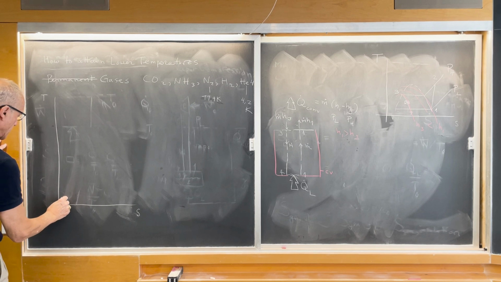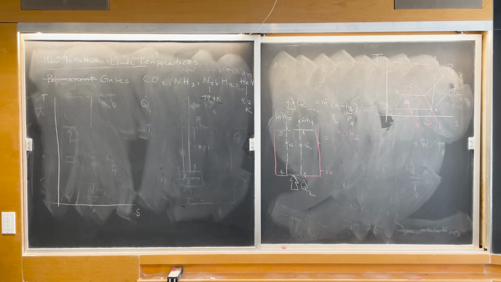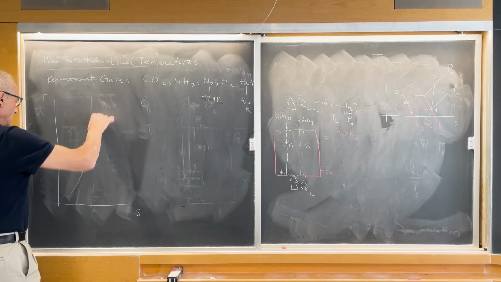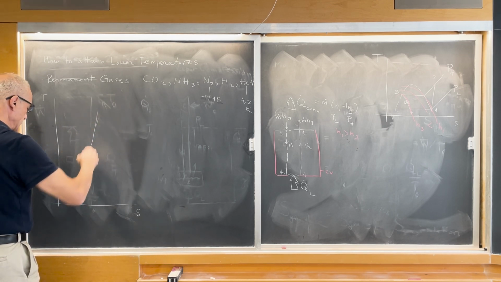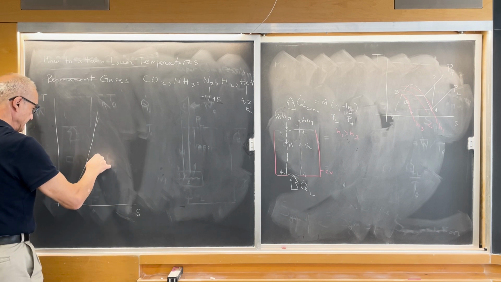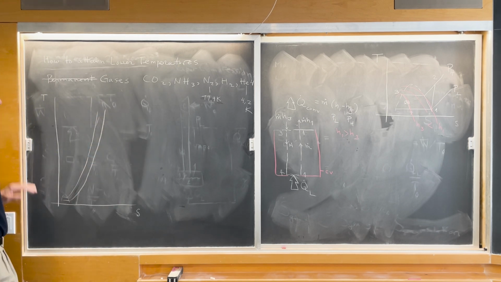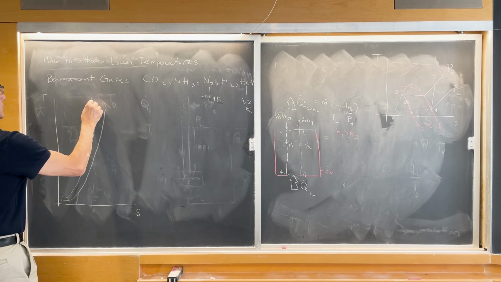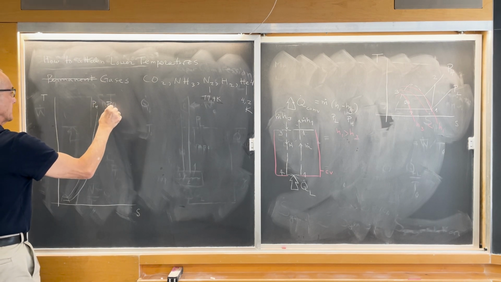The dome is here in the corner. I exaggerate, but it's that small toward low temperatures. And then the two pressure lines would be extending upward, the so-called pH and PL.